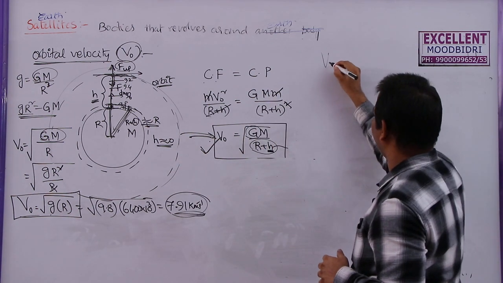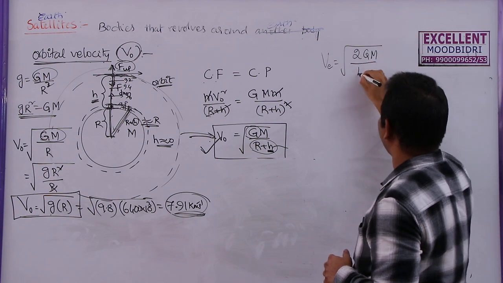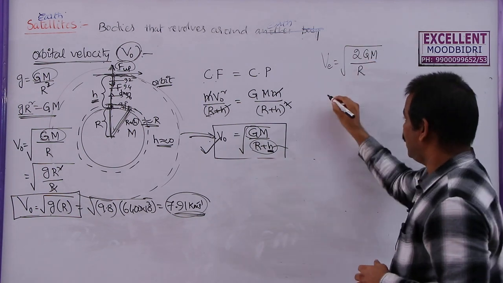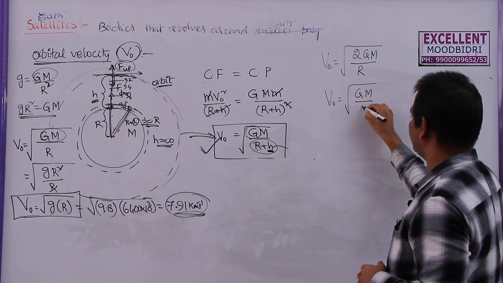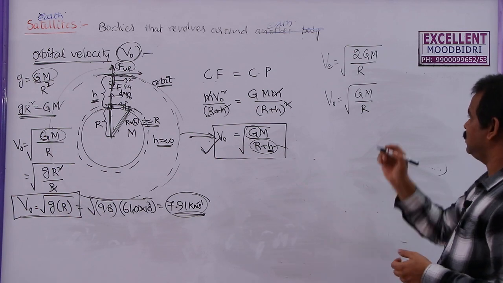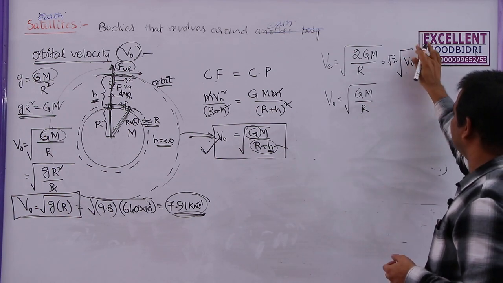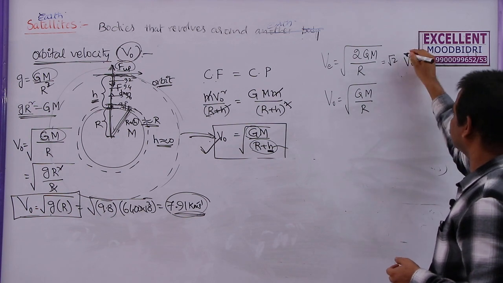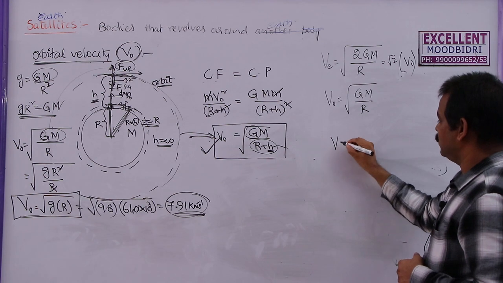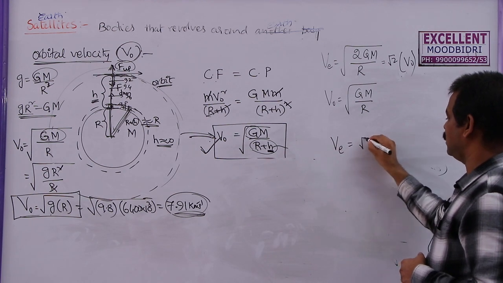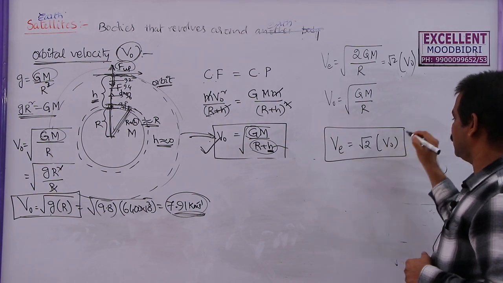So escape velocity is equal to root 2GM by r, and orbital velocity is given by root over GM by r. You can see this is nothing but root 2 into v naught. If you multiply v naught with root 2, you will get this one. That's why the relation between escape speed and orbital speed is VE is equal to root 2 times v naught.